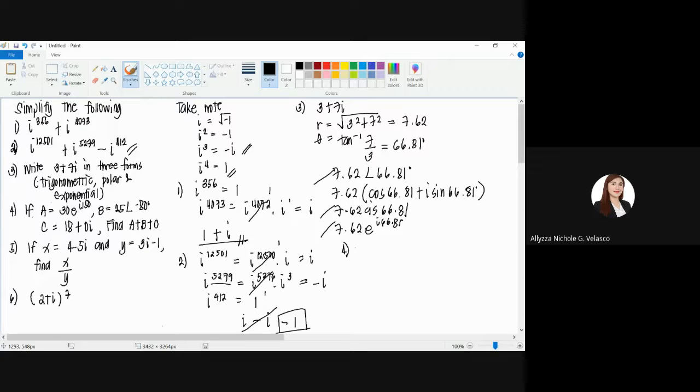So, yun munang letter A. Yung A natin is 30 e raised to i 150. So, para ma-convert siya into rectangular form, dadaan muna tayo ng trigonometric form. So, yung ating 30 cosine 150 plus i sine 150 para makuha natin yung ating rectangular form. So, kuhanin yung ating cosine 150. Calculate lang tayo.